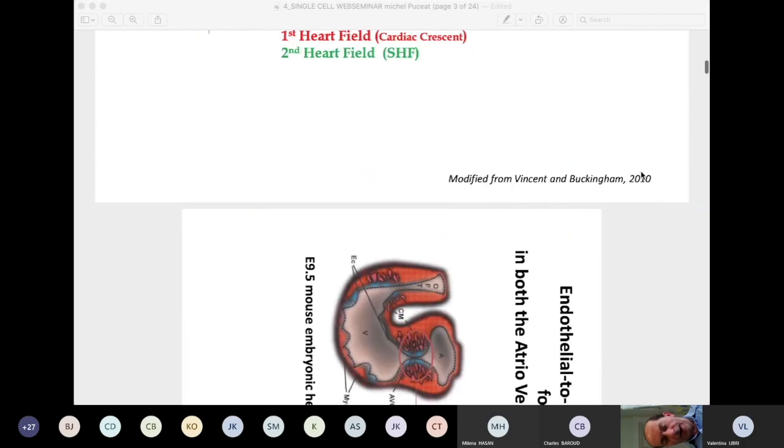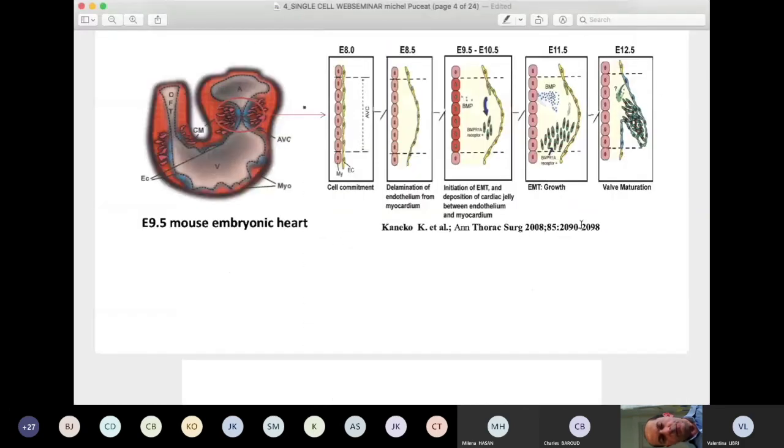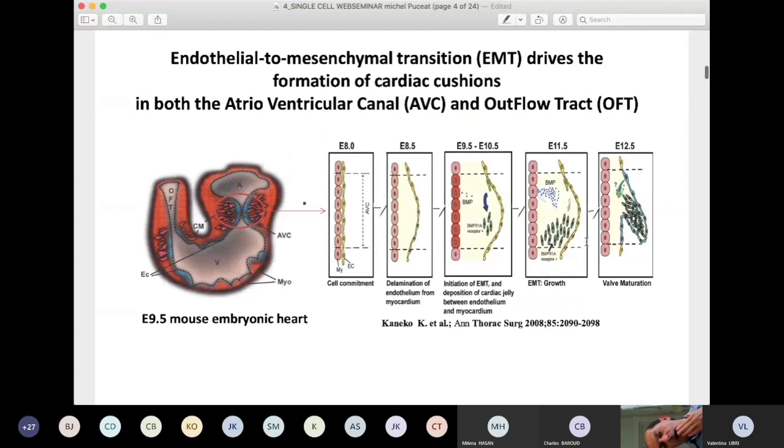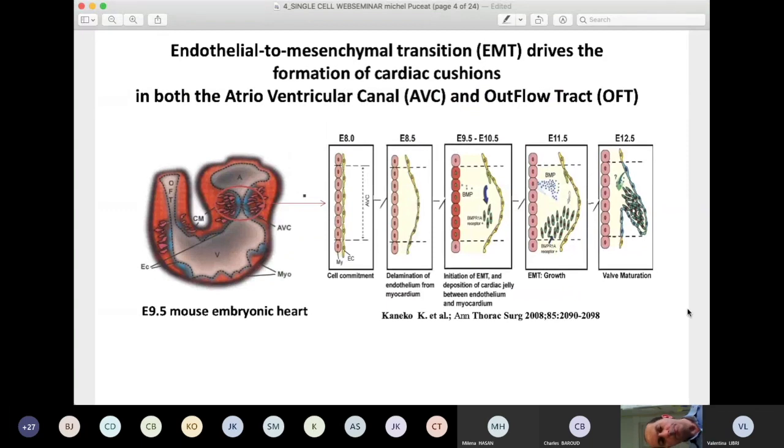So what about the valve? The formation of the valve starts almost at one third of the gestation, at E8, E8.5. As you know, the heart is formed by the myocardium, the muscle cells. There is an inner layer, the endocardium, which is an endothelial layer, as well as an external layer, the epicardium.